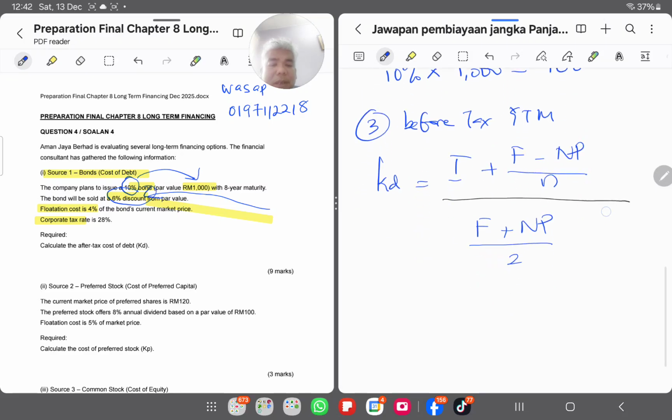Then you just fill in according to what you have calculated above. F is 1,000, NP is 902.4, and N is 8.